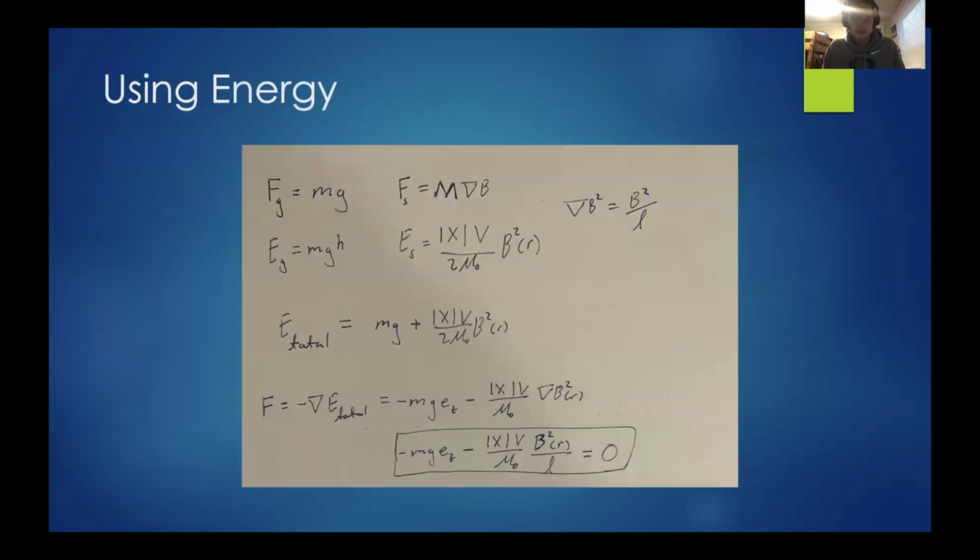So using energy, we can see that the total energy is just going to be the addition of the two parts that were defined in the last slide.